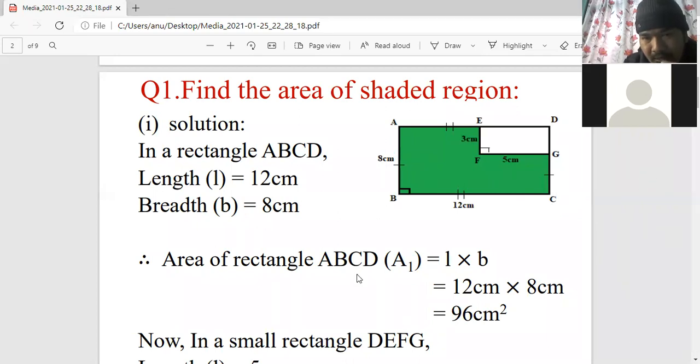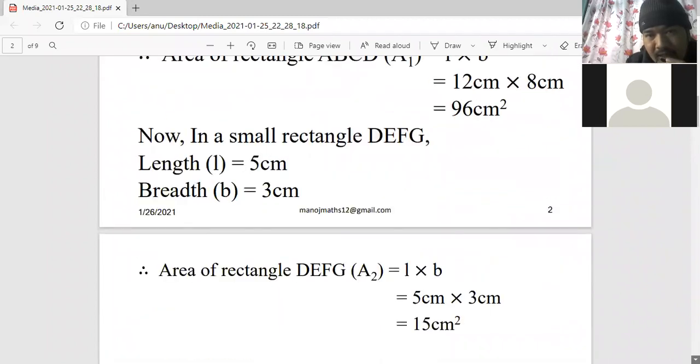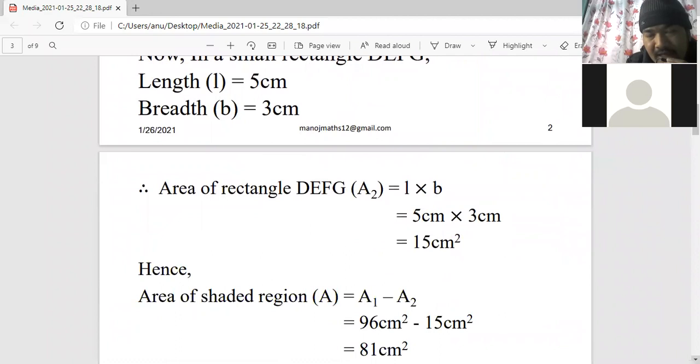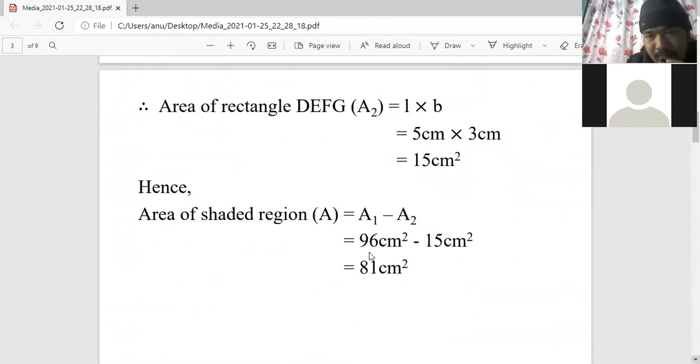Now, the bigger rectangle is length into breadth, 12 centimeter into 8 centimeter. The product is 96 centimeter square. Then the small rectangle: length is 5 centimeter, breadth is 3 centimeter.